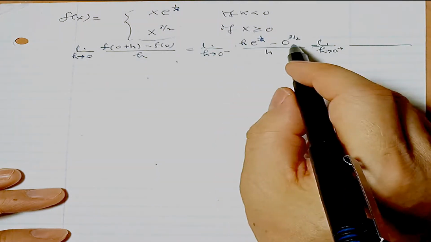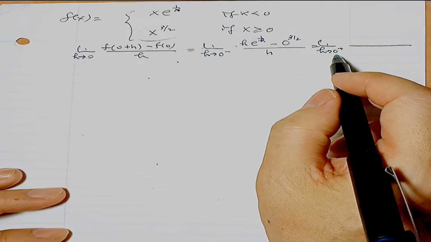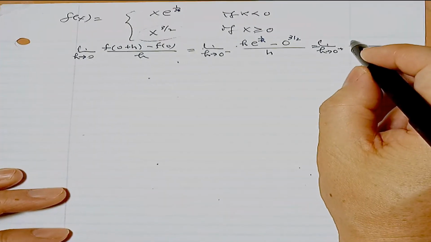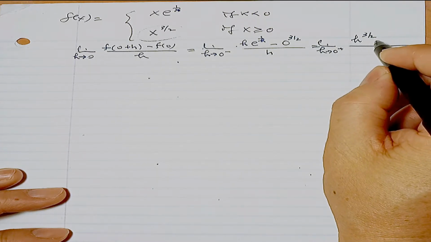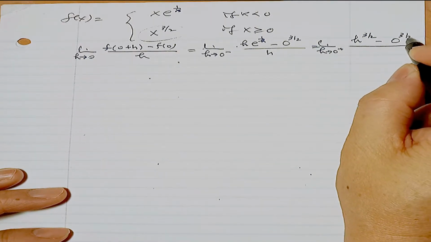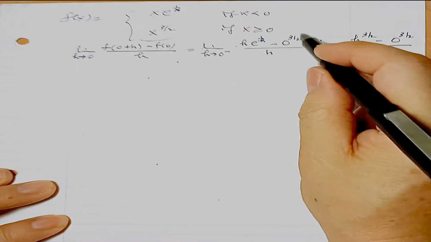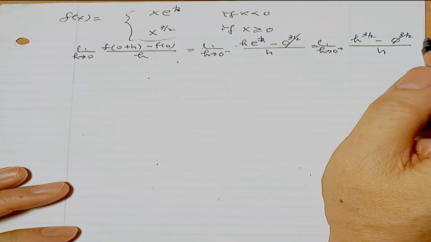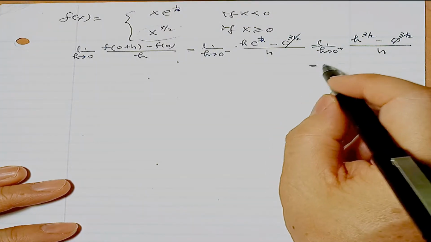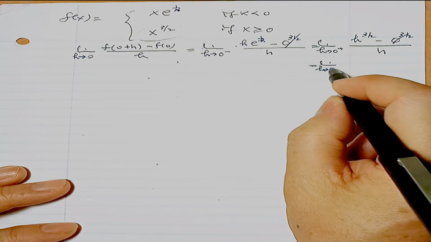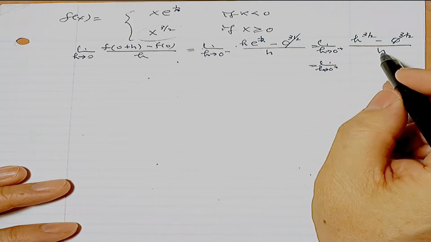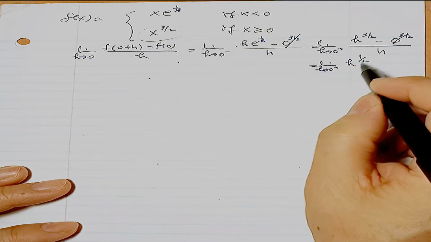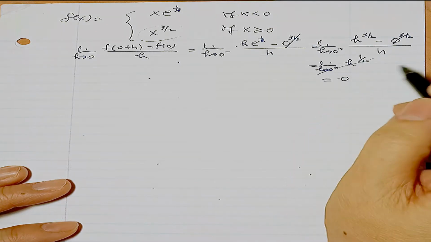And if it was the positive side, then I have to use this one. So that will be h to the 3 halves minus 0 to the 3 halves over h. Both of these are just 0 anyways. So this side, the limit as h approaches 0 from the positive side, is h to the 3 halves over h, which is h to the 1 half, and that is just 0.